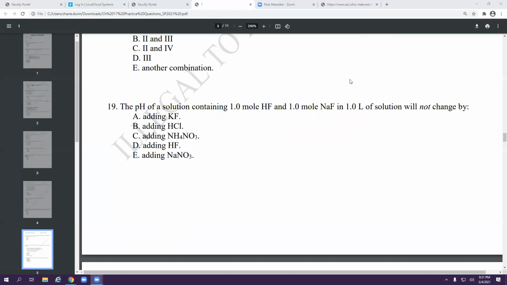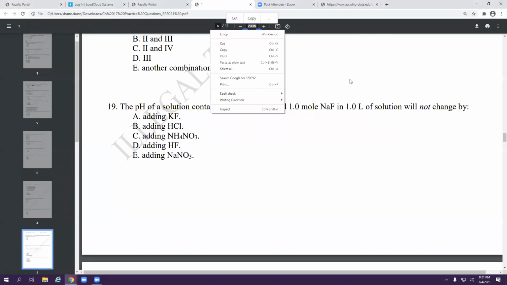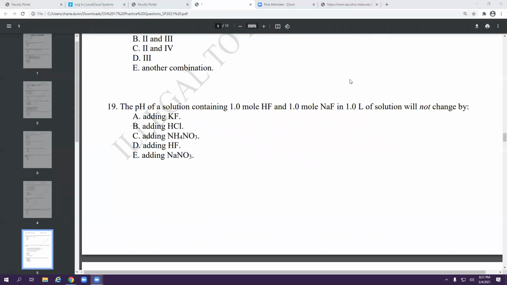This is just like the one we did before. So let's get rid of the obvious answers. If I add an acid, I can change pH values.